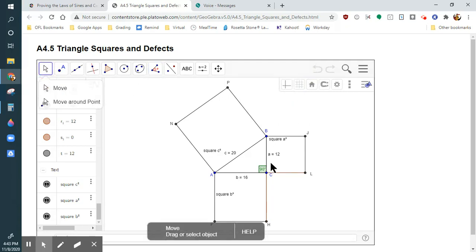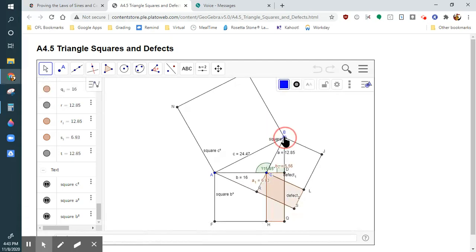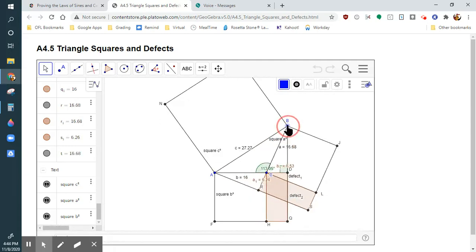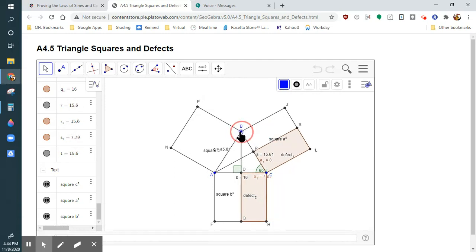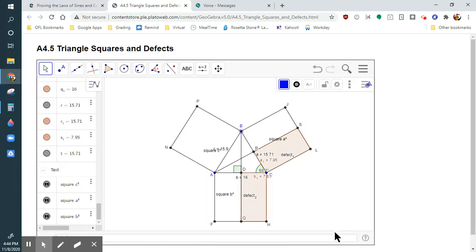And I don't know why my undo button doesn't work. Okay. So let me grab this. I'm going to move. Okay. So now we have this thing called area defect, which honestly they don't do a good job explaining, but I guess I'll try to explain it myself if I can figure it out. This is a weird way of kind of doing it.